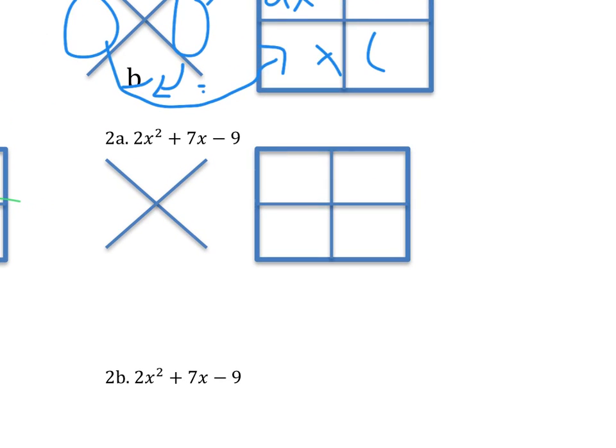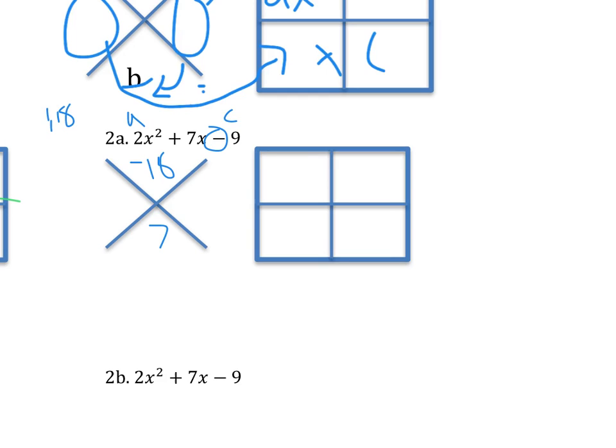All right, let's look at 2a now. So our a is 2, and our c is negative 9, so now we get a negative 18, and then our b is 7. So what are the things that multiply to 18? So 1 and 18, but now we're looking for a difference since that is negative.